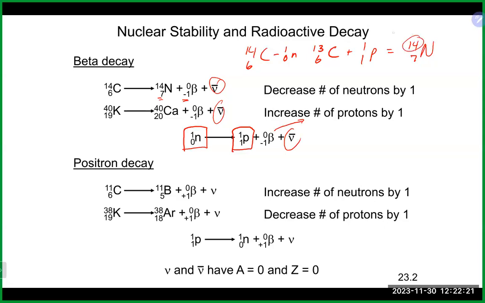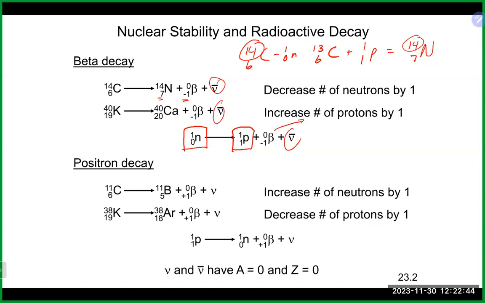So overall, this number doesn't change from where it started, but there is a transition of losing a neutron and putting back the proton. Because the mass number is protons and neutrons, there's no net change, but we are transitioning a neutron into a proton in this case. Any questions on that?